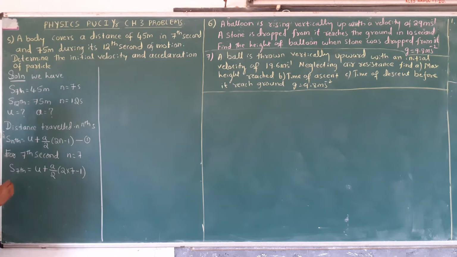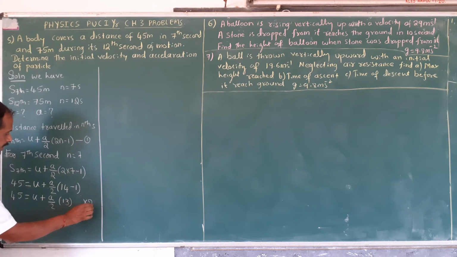Okay. Now S7 is 45. Therefore we get 45 is equal to u plus a by 2 into bracket 14 minus 1. Okay. Now 45 is equal to u plus a by 2 into 13.